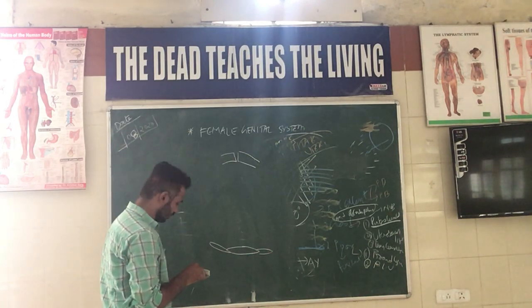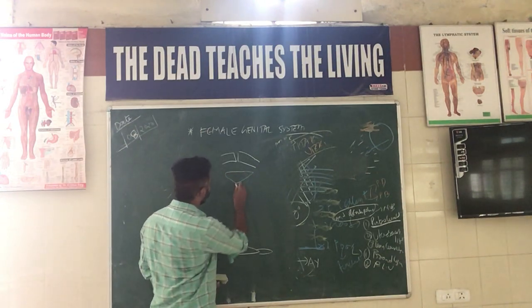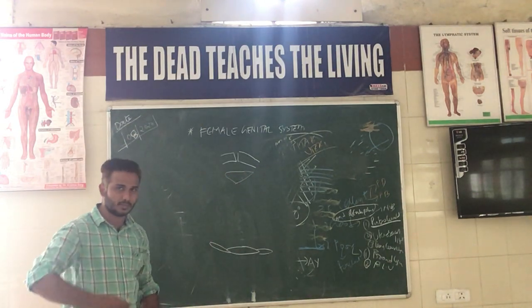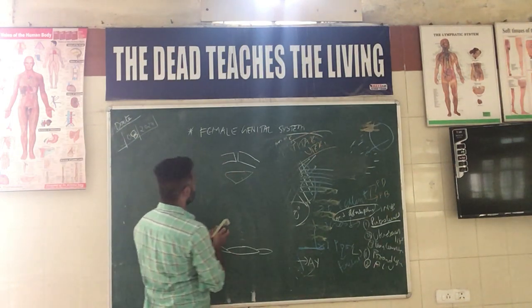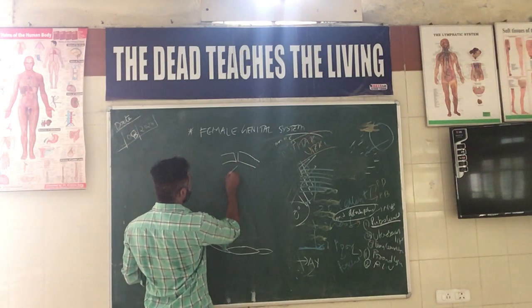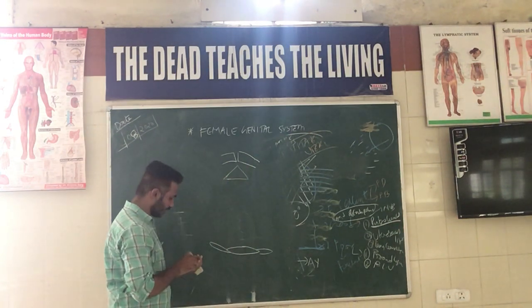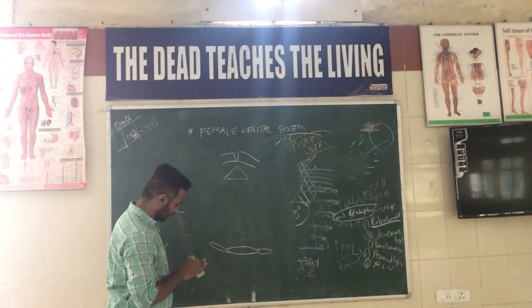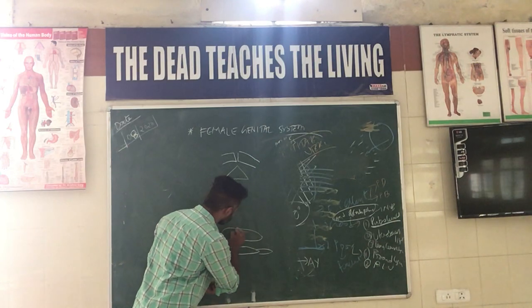Here we have the urinary bladder, assuming this to be a transverse section at the pelvis level, with the anterior border and two anterolateral surfaces. This will be the posterior-most part, the rectum.